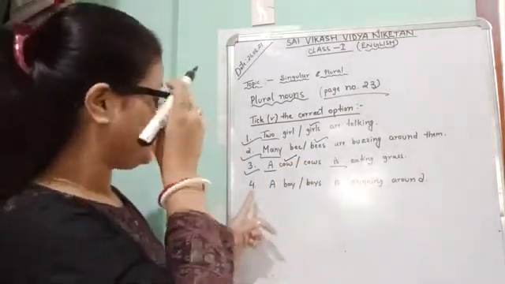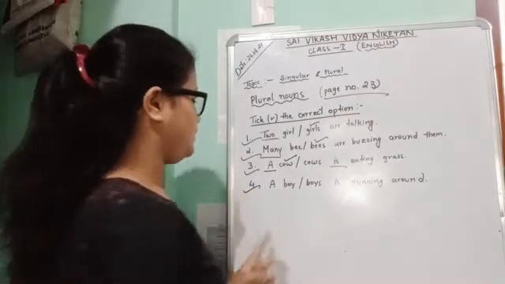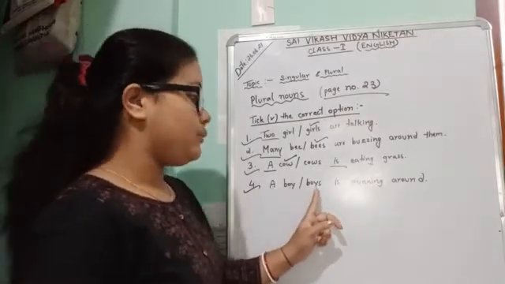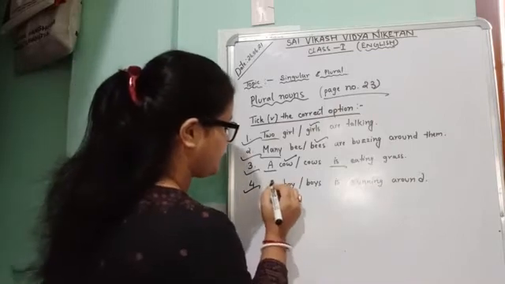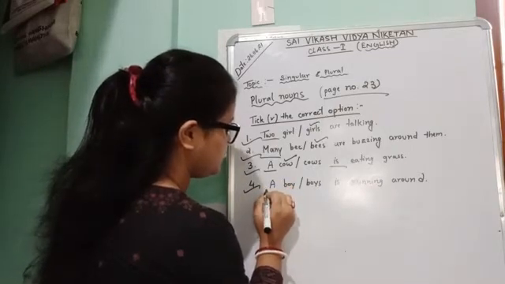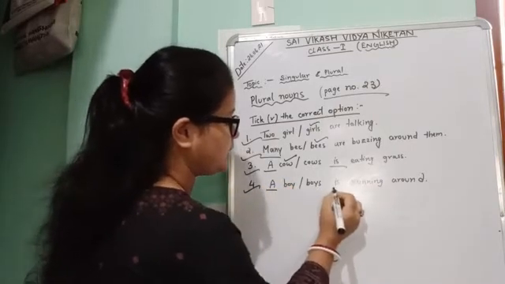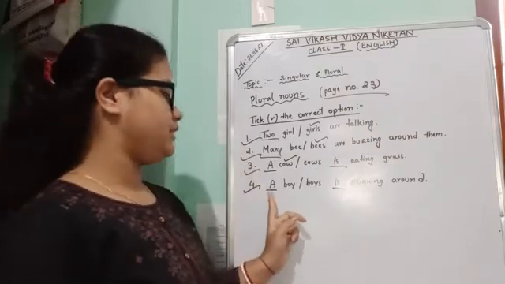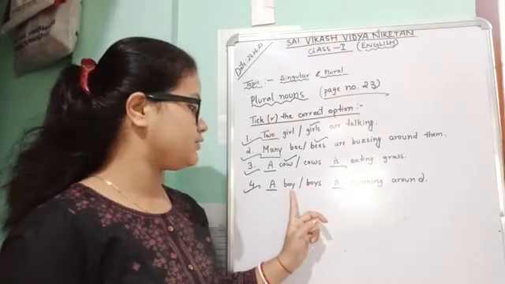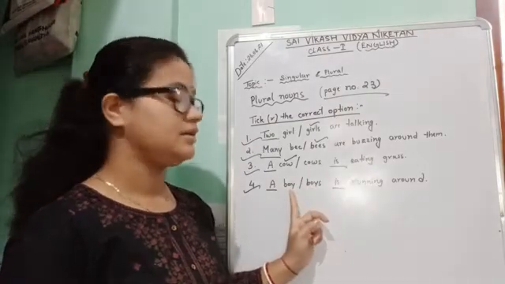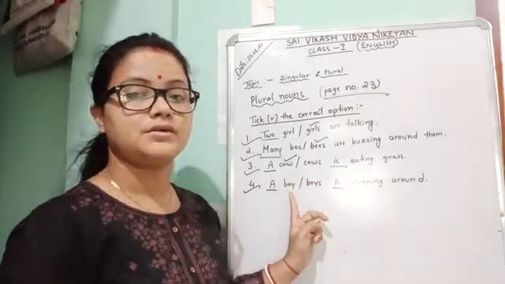Okay. Next, number 4. A boy or boys is running around. Point out the a, then is. We have to use a with singular noun, and singular noun is which one? Boy or boys? Boy is a singular noun because one boy.